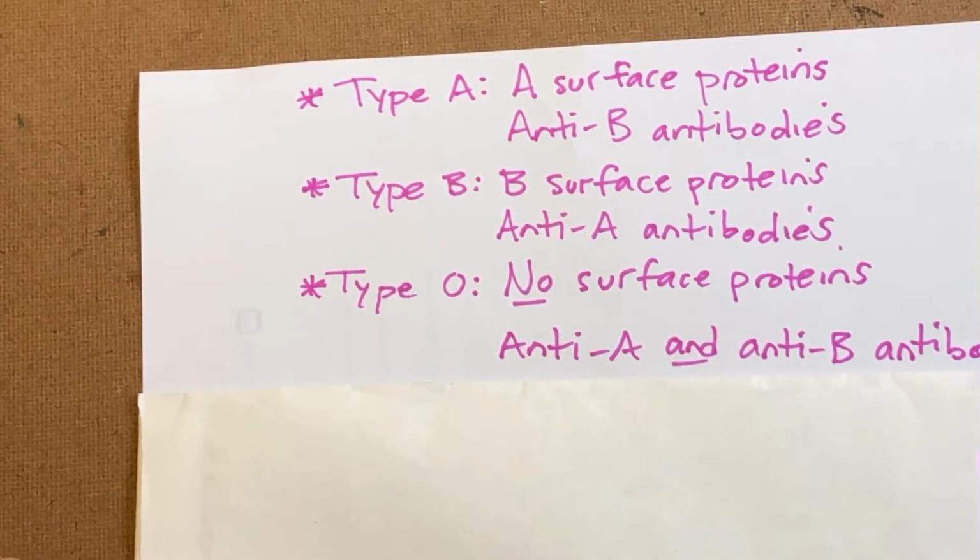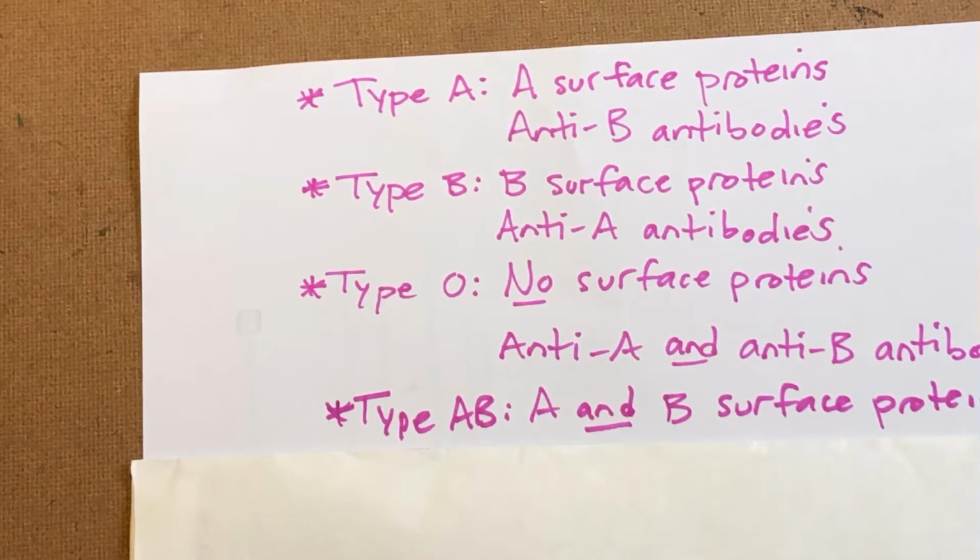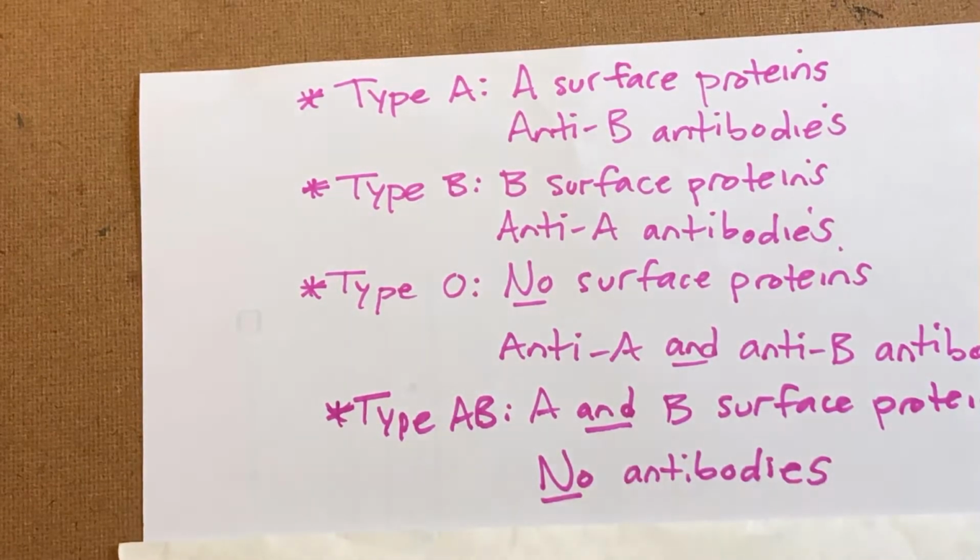Those anti-A and anti-B antibodies are going to destroy those red blood cells. And then type AB blood has both A and B surface proteins, but it has no antibodies. So we're going to use this to our advantage because we are going to be testing for different blood types.